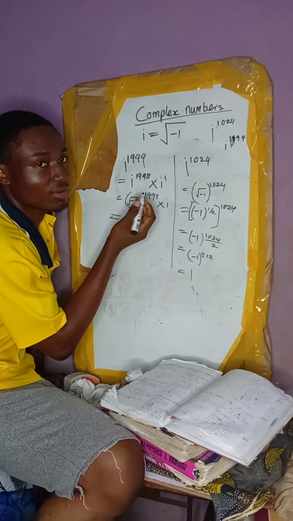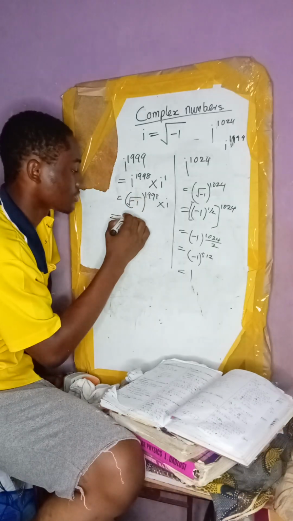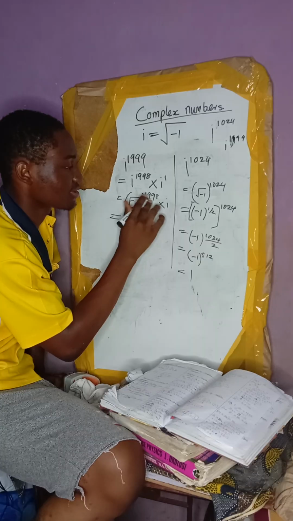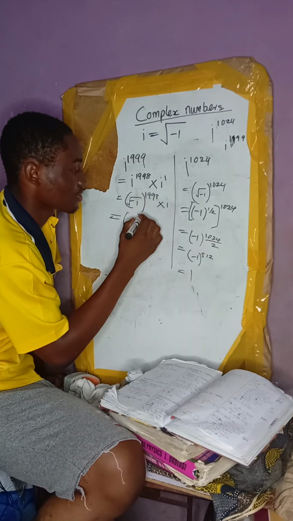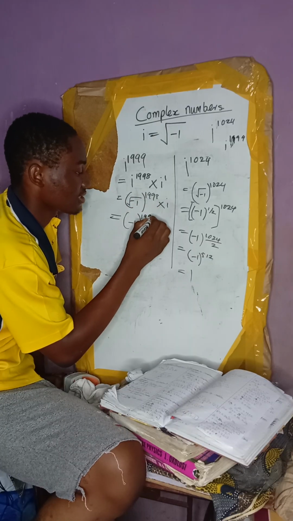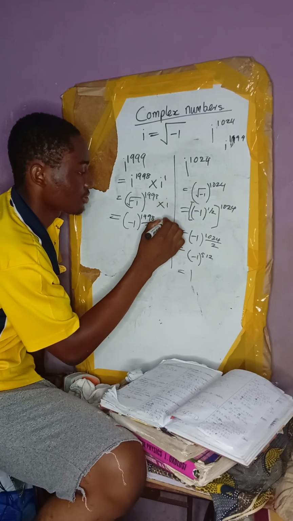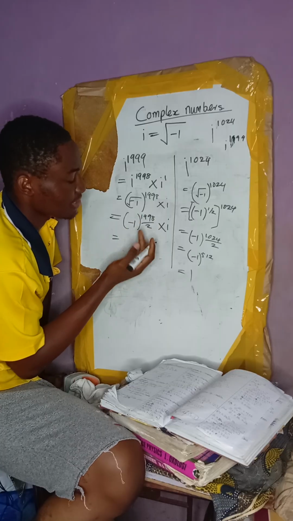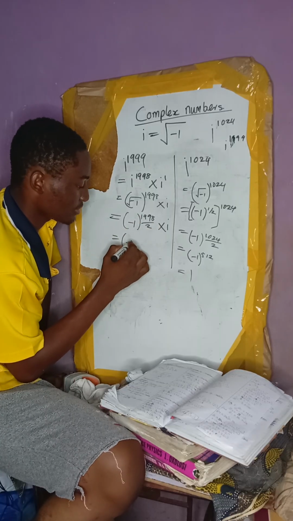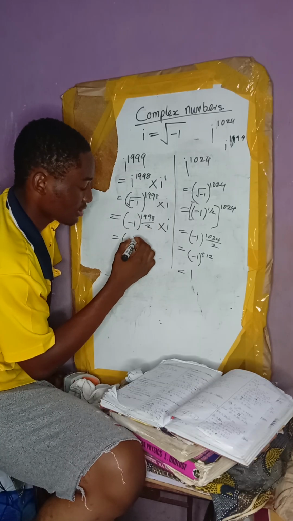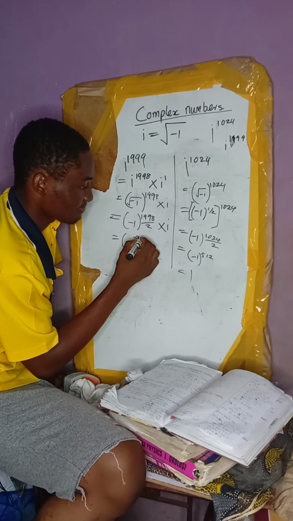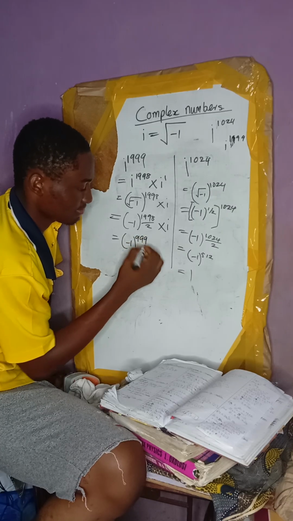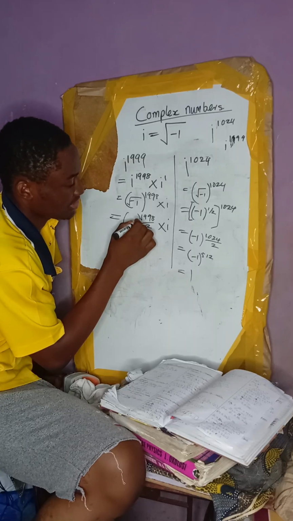So remember, root is what? 1/2. So this is 1998 divided by 2 times your i. So this divided by 2 is what? That will give you 999, right? That's 8.